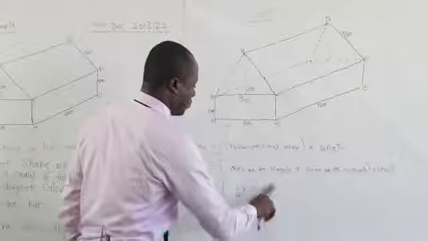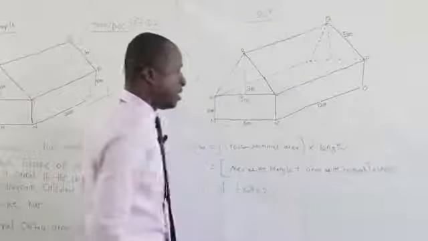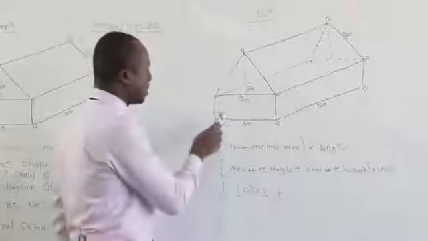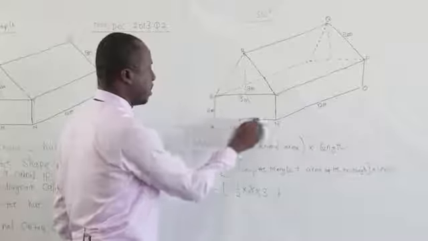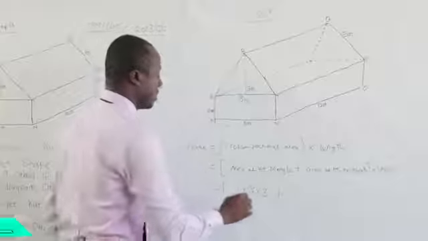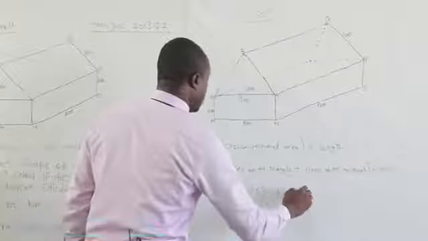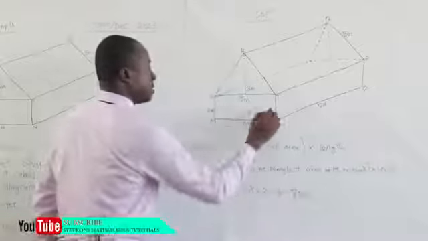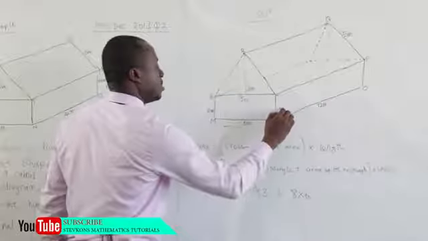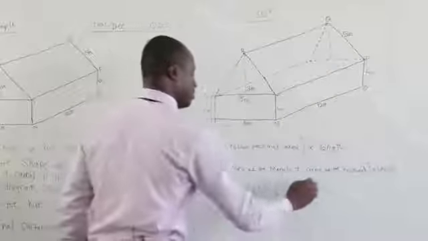This is the area of the triangle plus area of the rectangle. The rectangle, we know that the length is 8 and then the breadth is 6. So clearly it is going to be 8 times 6. This is 6. It means that this is also 6 meters. This is also 6 meters.